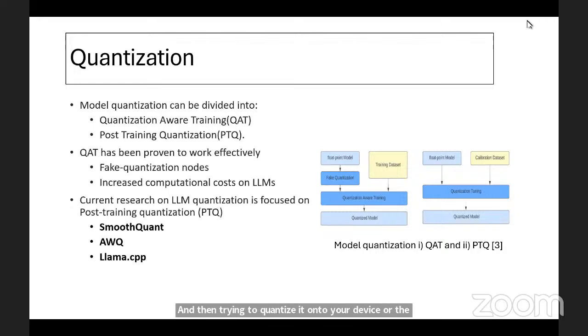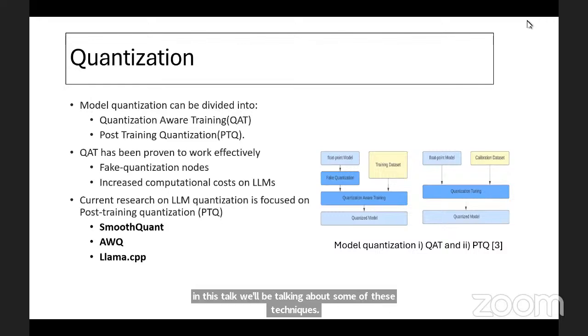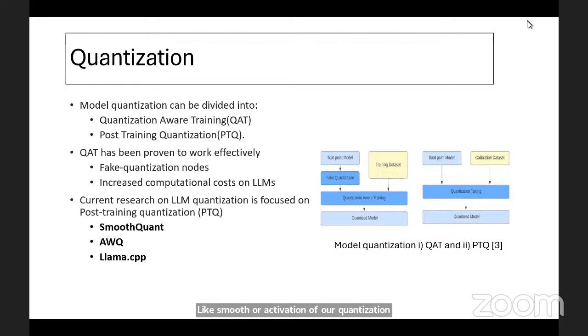Now, because of its less compute intense nature and its ability to support different quantization schemes, post-training quantization seems like a more popular approach. And in this talk, we'll be talking about some of these techniques like SmoothQuant or activation aware quantization and Llama.cpp, and see how we are able to achieve good performance as well as accuracy with these quantization techniques.